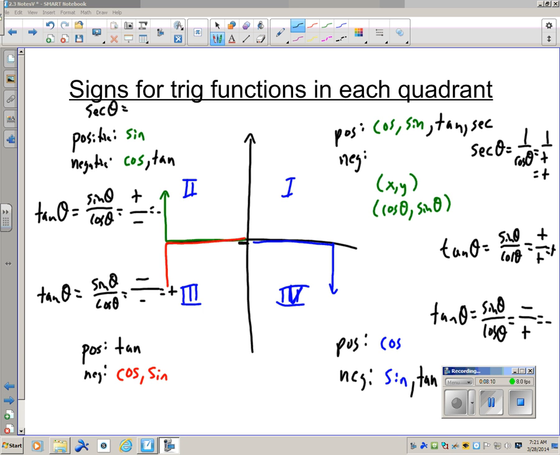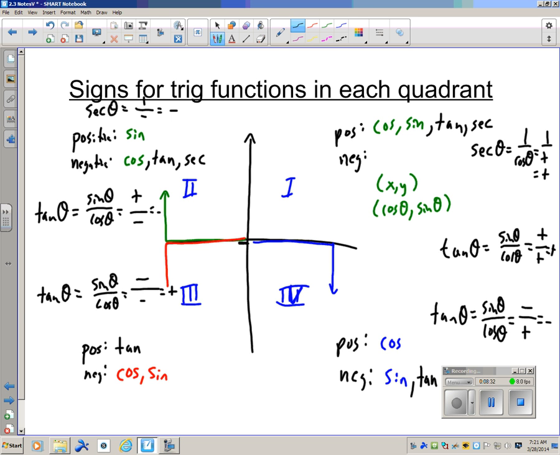Then in quadrant 2, secant is again the reciprocal of your cosine. So if I look at that one, I've got 1 over the cosine, which is negative, so 1 divided by a negative is a negative. So secant is also negative.